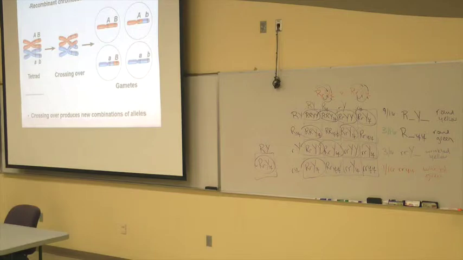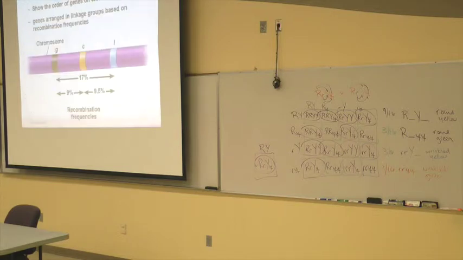During what phase of meiosis? Prophase 1. Due to crossing over, which happens at prophase 1, linked alleles can actually be separated, and this can lead to genetic variation and diversity.